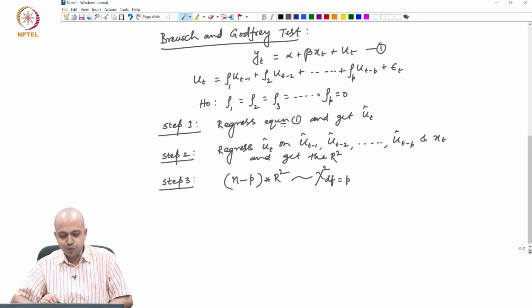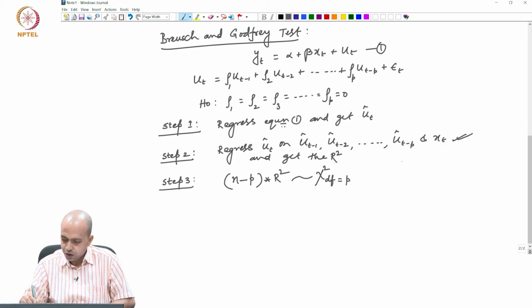Now, one thing you need to keep in mind, I am interested in autocorrelation, that means whether ut depends on all its previous values or not. But here in step 2, why have I included this xt also? Can you think of why? I am writing the question for your thinking.